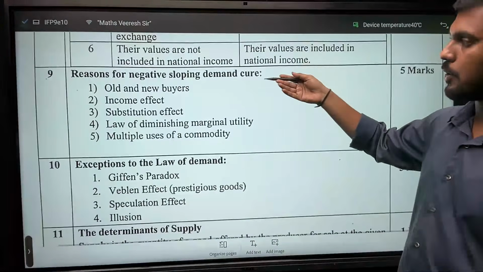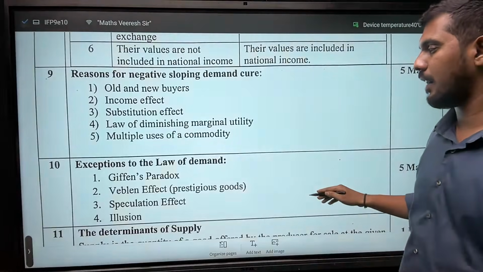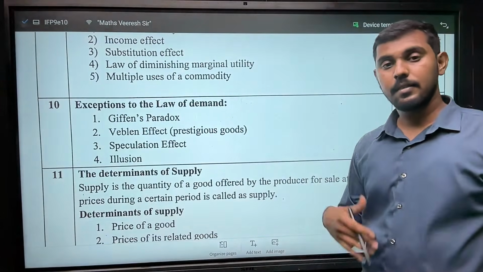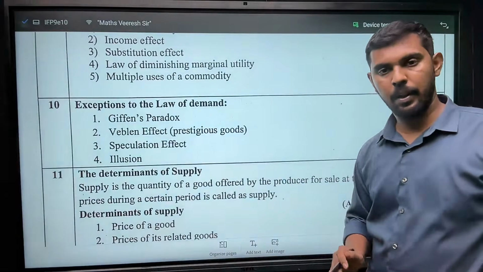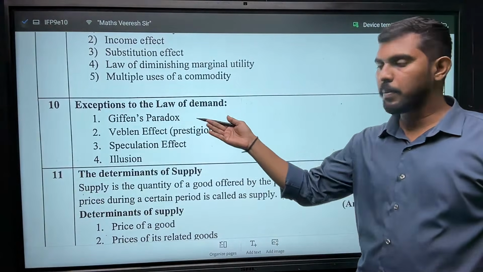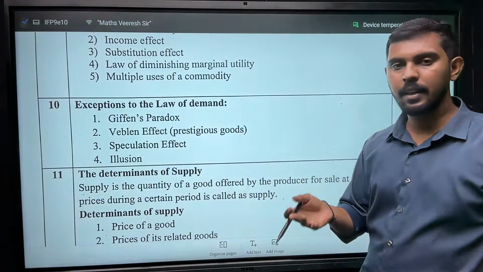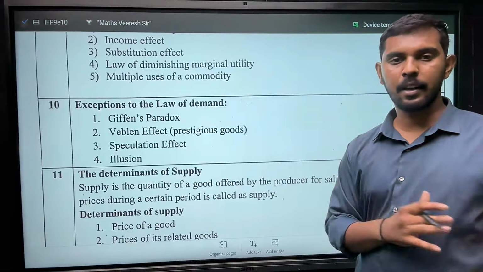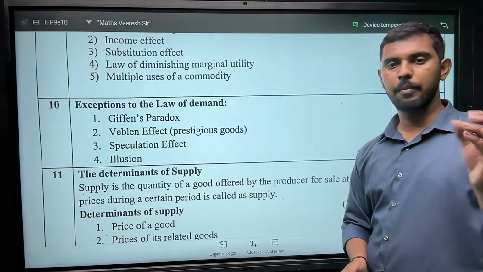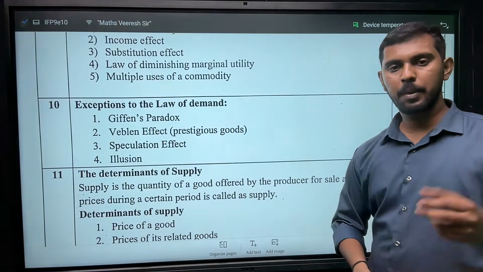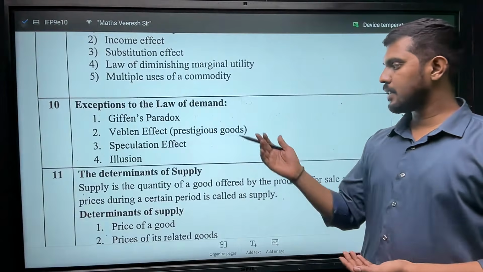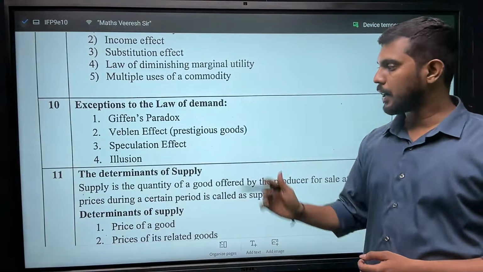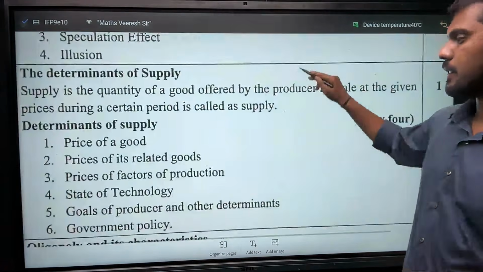Negative demand sloping curve, already 5 ఉన్నాయి, 5 points రాయాలి. ఇక్కడ 4, ఇక్కడ you have in your material 6, 7 also ఉన్నాయి. ఓన్లీ 4 రాయండి. గిఫెన్ పారాడాక్స్, వెబ్లెన్ ఎఫెక్ట్, స్పెక్యులేషన్, ఇల్యూషన్.